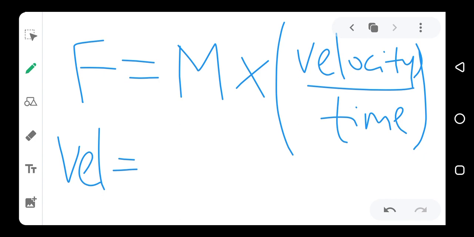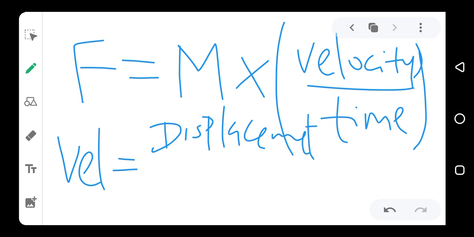Velocity now is equal to displacement over time.